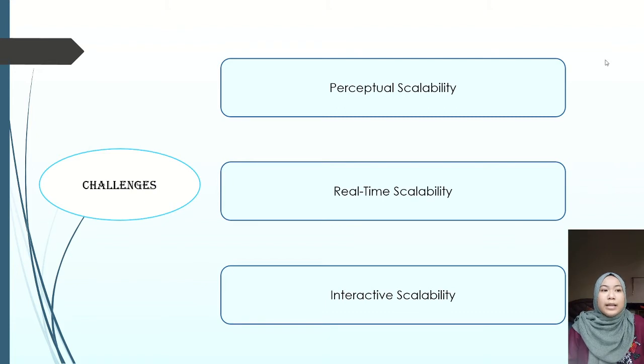The next challenge in implementing data visualization is real-time scalability. Providing users with visual real-time data and real-time decisions based on the currently available data is crucial and useful for the users.